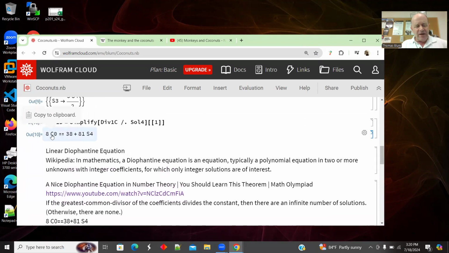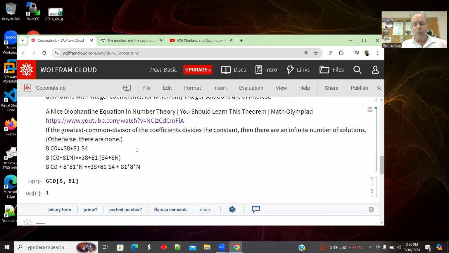So I have two variables and their coefficients, and then I have the constant. And if you take the GCD of the coefficient terms, and that, in this case, is 1, if that is a factor of the constant term, then you have not only a solution, but a whole family of solutions. And if that's not the case, then you have no solutions. Okay.